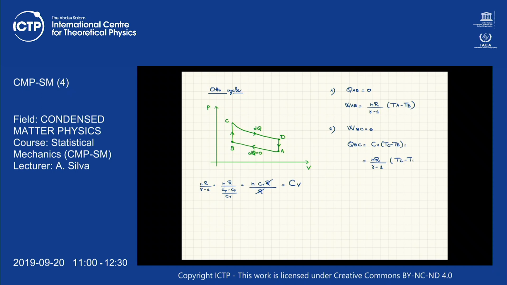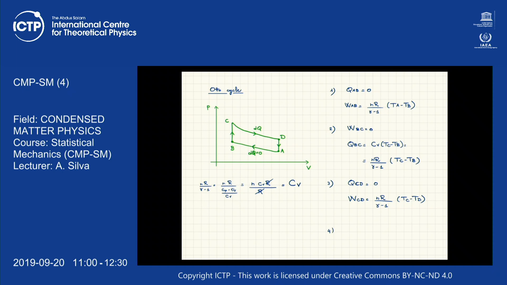TC minus TB. Then we have the third stroke, which is an adiabatic expansion. QCD is equal to 0. And then WCD is equal to N times R divided by gamma minus 1 (TC minus TD).